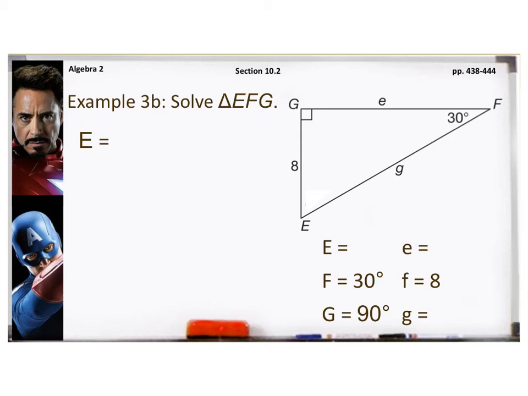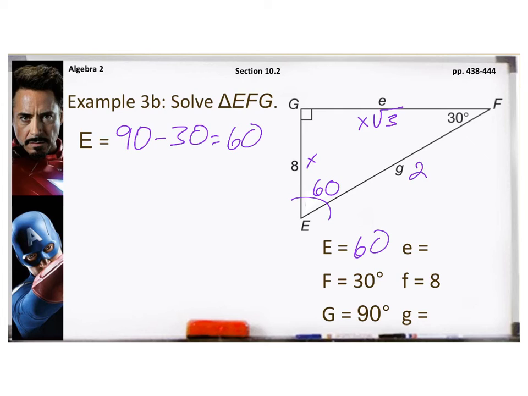Okay, now we have another set. This is a 30. Okay, E is 90 minus 30, which is 60, which is that other angle in our set. I know that these are x root 3, and 2x. I know these ratios.